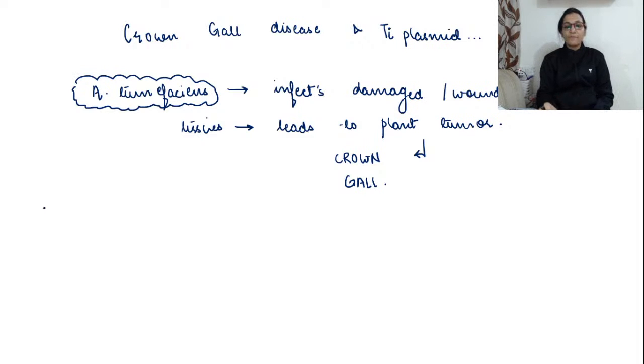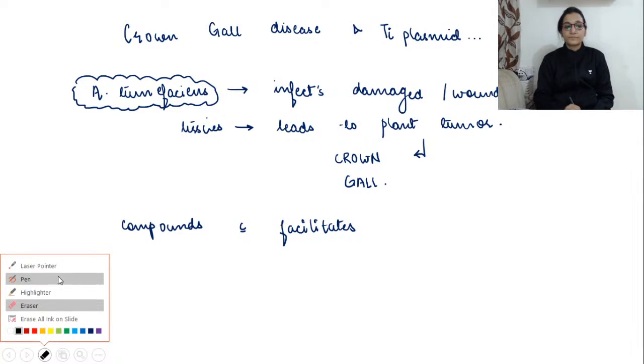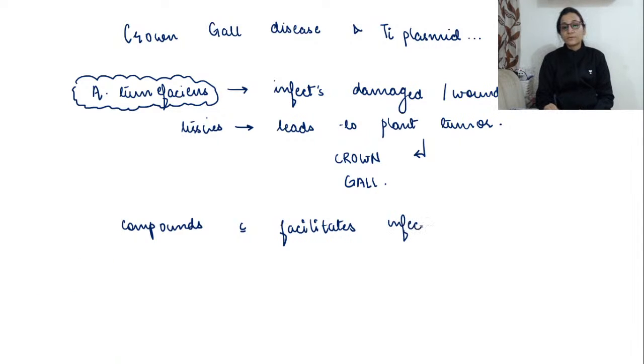The entry of the bacterium into the plant tissue is facilitated by the release of certain compounds from the plants, compounds which facilitate infection by the bacteria.